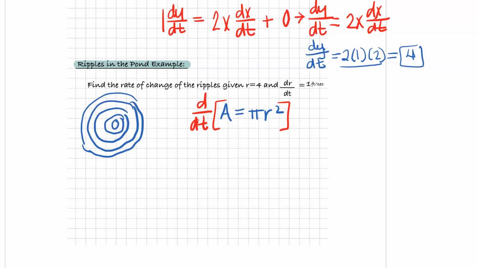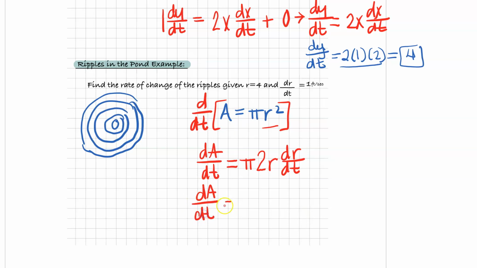So if I do this with respect to time, that would give me dA/dt equal to pi, which is just going to go along for the ride. The derivative of r squared is 2r, and then I need a dr/dt, the derivative of r with respect to t. So cleaning that up and putting it in a better order, that would be 2 pi r dr/dt. And then they gave me additional information.